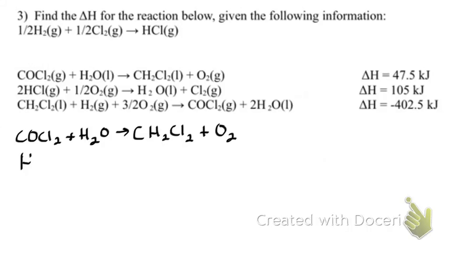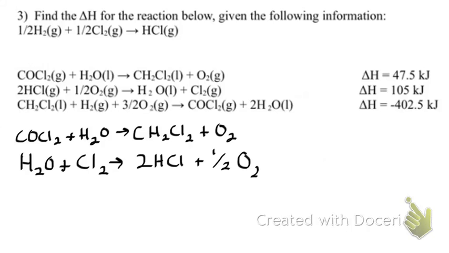So we're going to have H2O plus Cl2 turns into 2HCl plus 1/2 O2. Because we flipped that equation, while I'm thinking about it, we're going to go ahead and rewrite the delta H for that one. We're eventually going to rewrite the delta H for all of them. But the delta H for this is now negative 105 kilojoules.